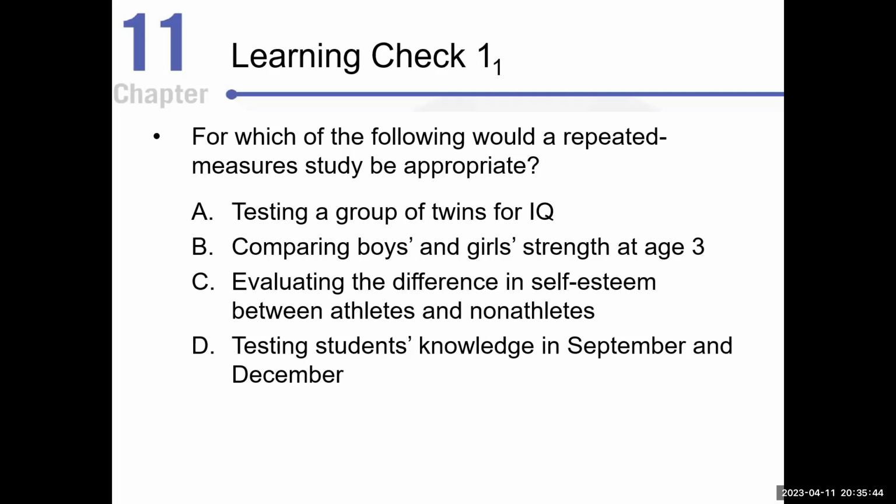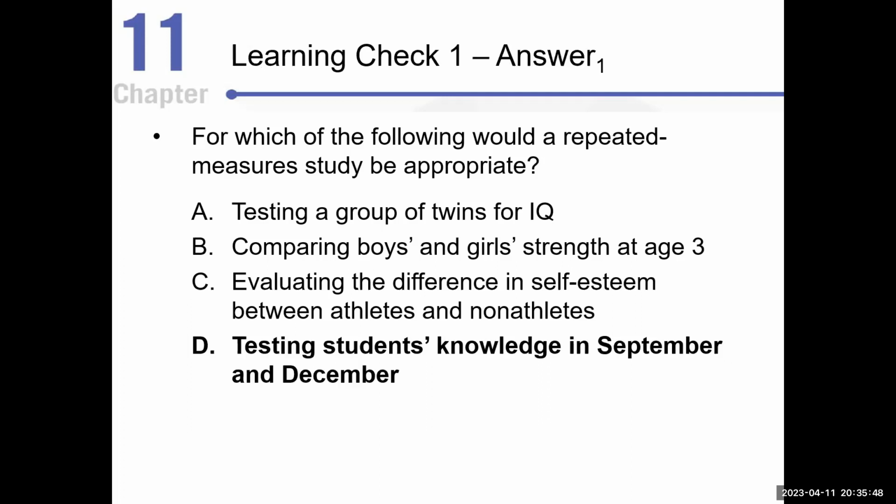Which one do you think? Let you pause it, but it would be D, because in this particular case, you have two separate conditions, right? You're testing their knowledge maybe at the beginning of the semester, right?